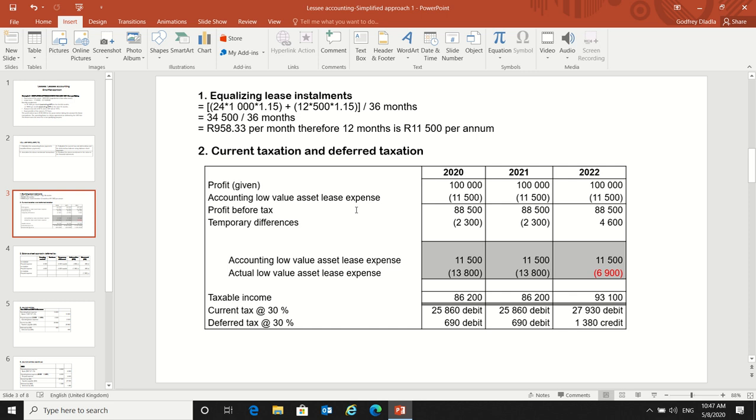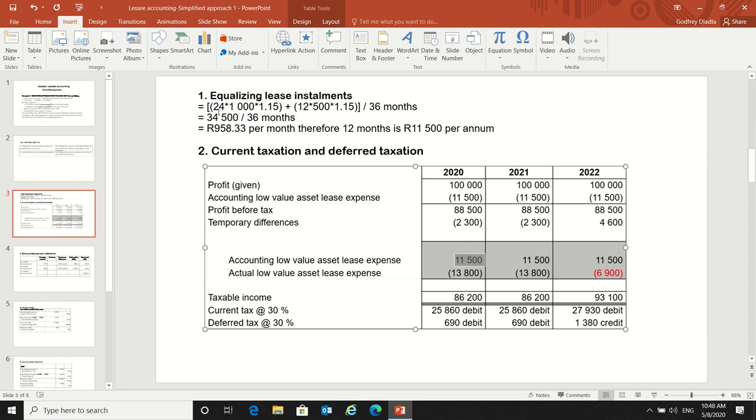Now let's then come to this one. It is 100,000 minus the standard, because it's an expense to the lessee. Right, then you go to temporary differences. Remember what I said initially, that the first thing that the receiver will do will cancel what you put in accounting, which is this 11.5. They will cancel it first. Right, and then they will say, after, how much is your actual low value asset lease expense?